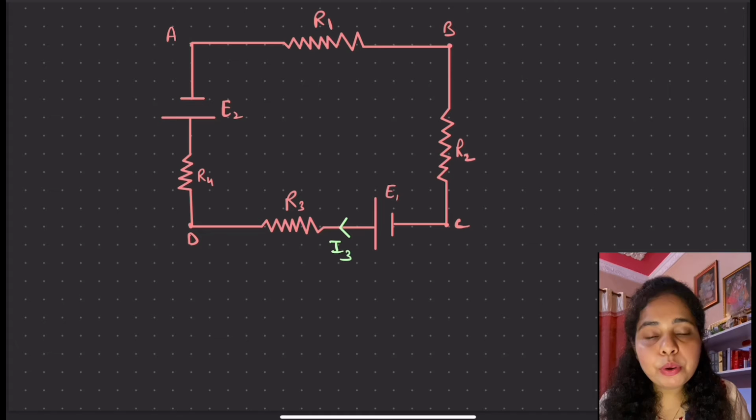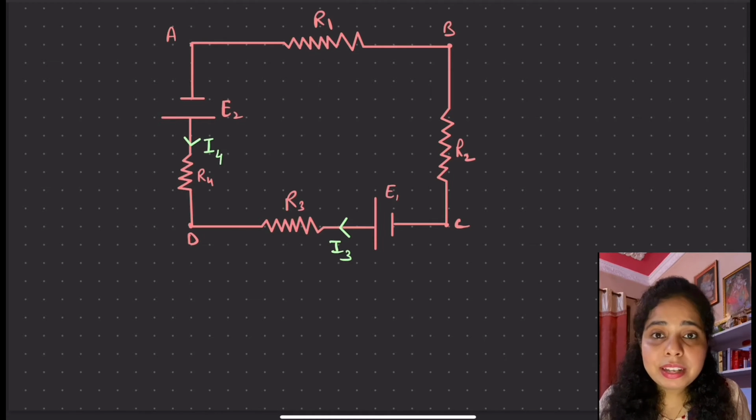So from EMF E2 the current I4 is flowing, this I4 current is passing through the resistor R4, and it will flow in the A to D direction.